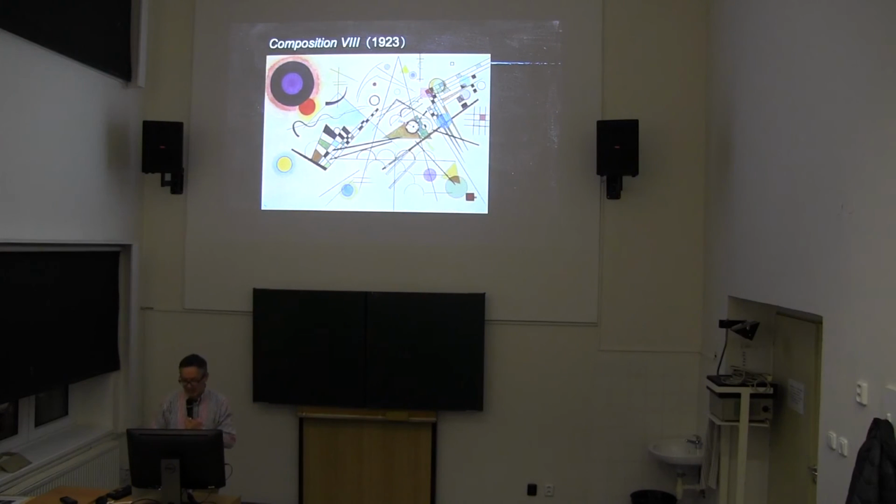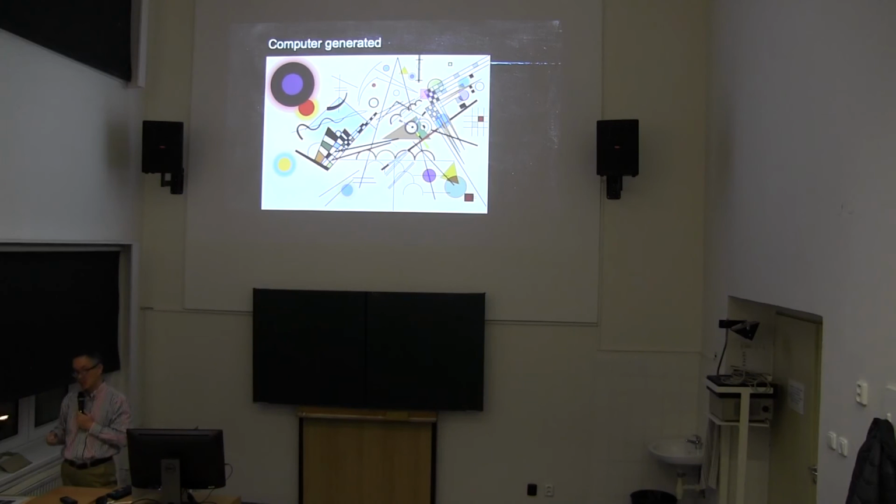And this is generating Kandinsky's painting. This is the original Kandinsky Composition 8. And this is our program drawn, rendered. But you may say, why do you draw exactly the same thing?